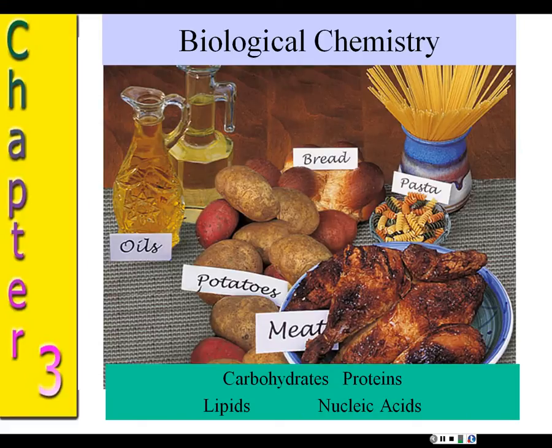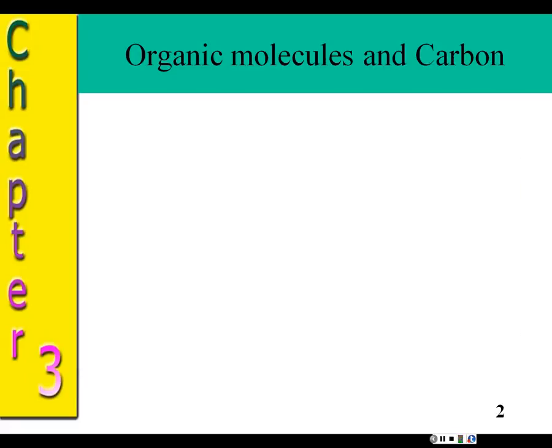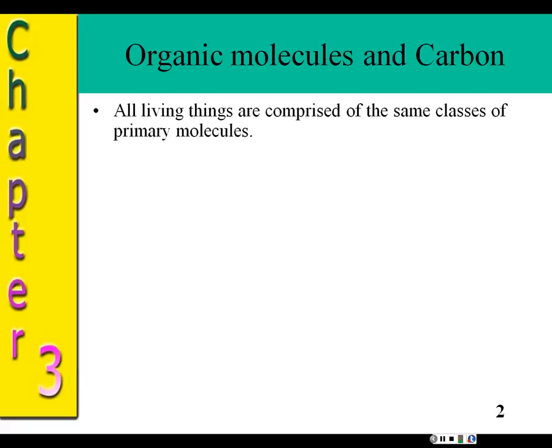Alright, so this chapter is going to talk about the big guys, the macromolecules: the carbohydrates, the proteins, the lipids, the nucleic acids. Now, anytime we're talking about something being organic, we're talking about it being living material.